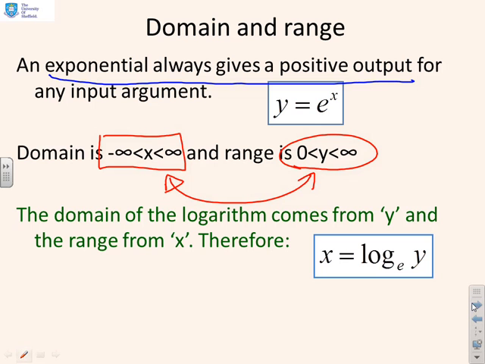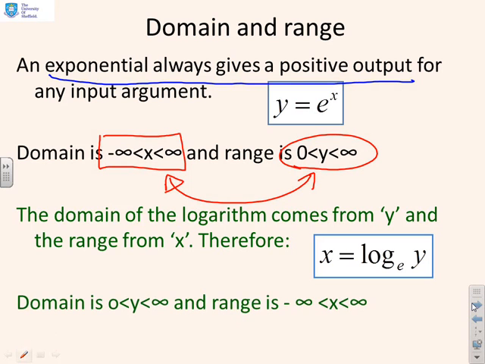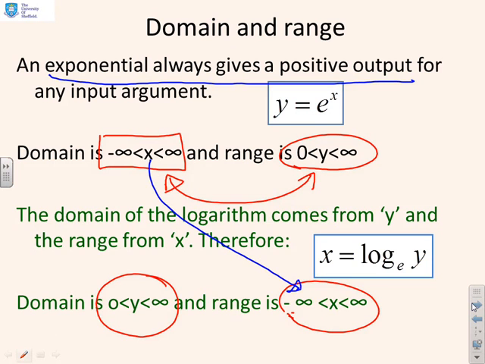So if we write x equals log_e y, then the domain is 0 less than y less than infinity, and the range is minus infinity less than x less than infinity. And what you'll notice, hopefully it's clear, is the variable that was the domain for the exponential becomes the range for the log, and the variable that was the range for the exponential becomes the domain for the log. So you'll see we're consistent there.